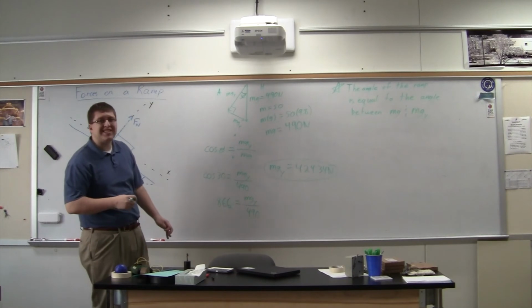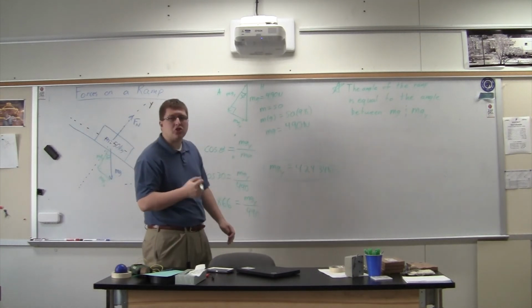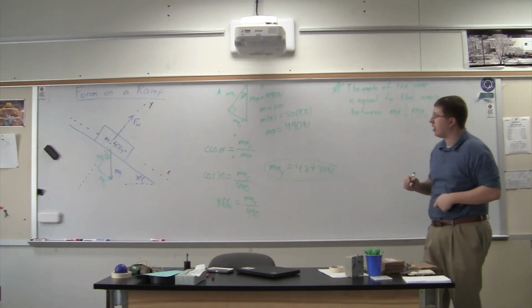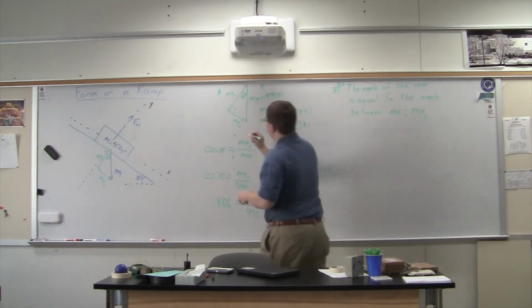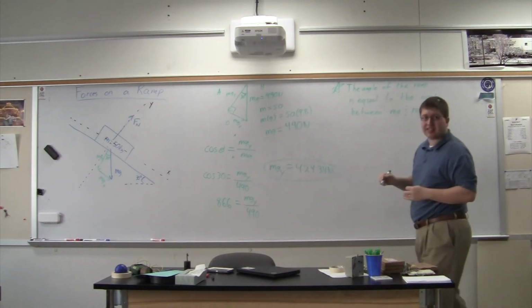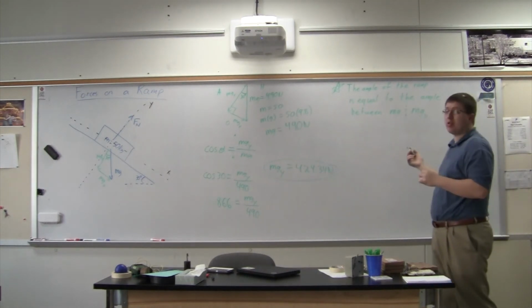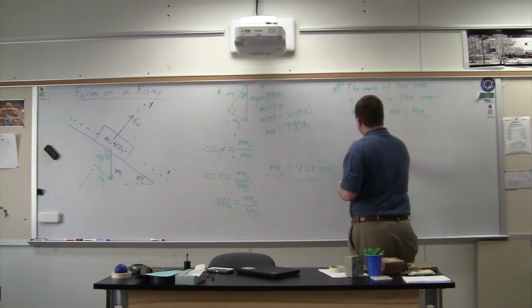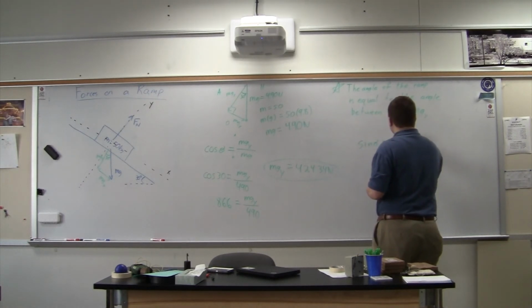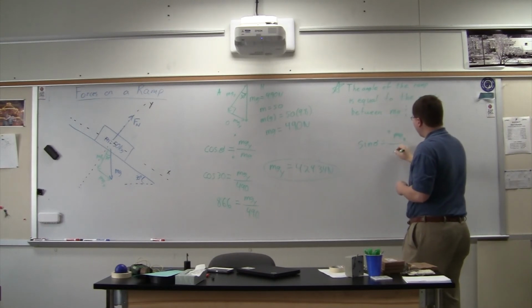So we solve for mgy. We're going to go through a very similar process to solve for mgx. But mgx, looking at our triangle, is our opposite side. So I'm going to put a little O over here just to remind us. Because mgx is the opposite side, I'm going to use sine. So we know that sine of theta is equal to mgx, that's my opposite, over mg, that's my hypotenuse.